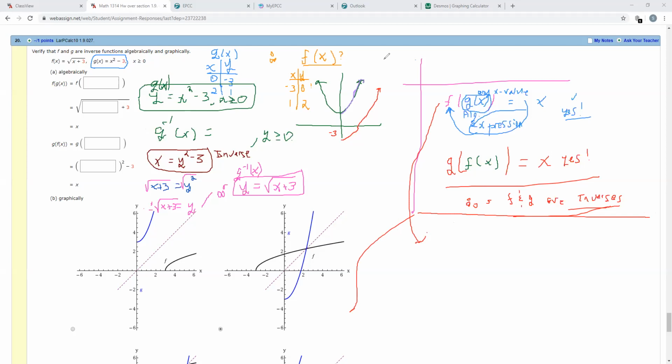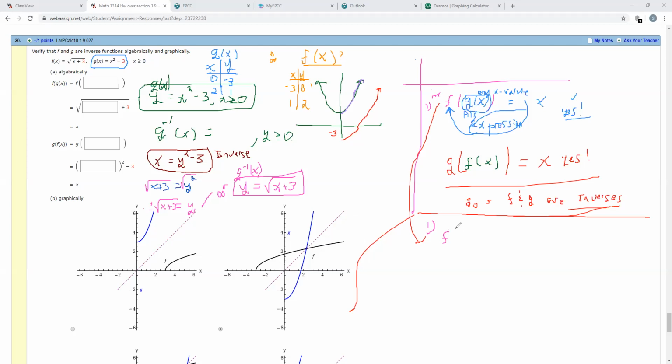Let me switch the colors back. So let's do this one. Let's say we call this the first one, which is like this one.